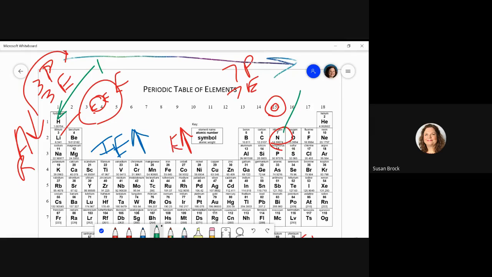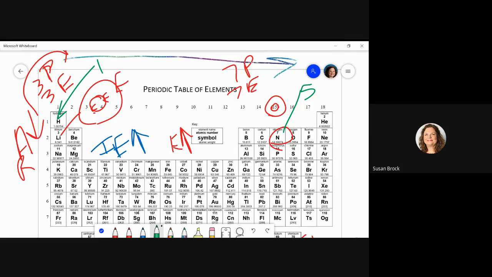In this group, the effective nuclear charge is 5 because more particles, more force. So the nucleus has a tighter hold. It has more effect on the electrons than it does on the other end because more charges, more force.